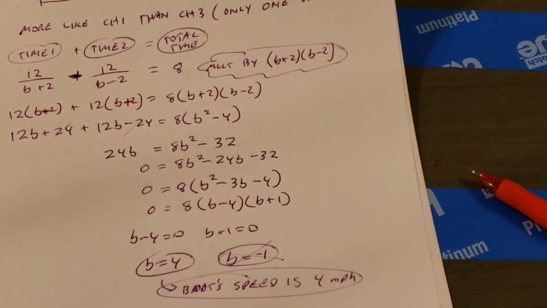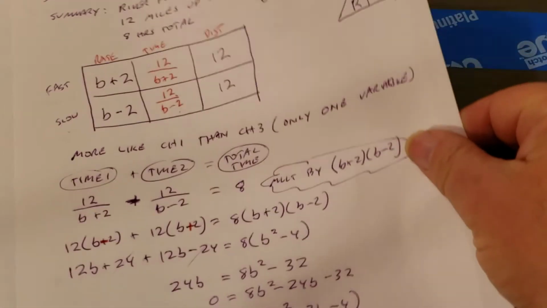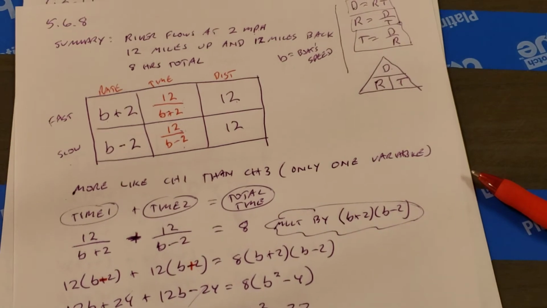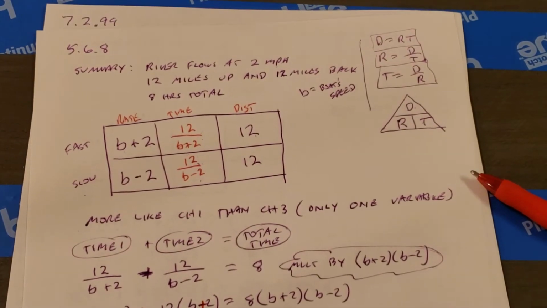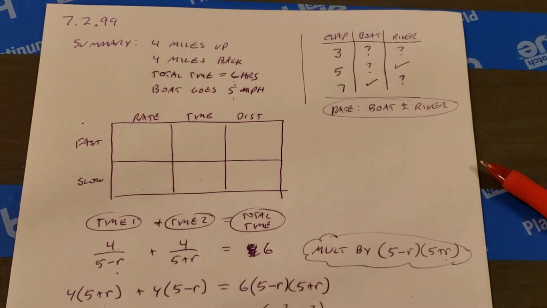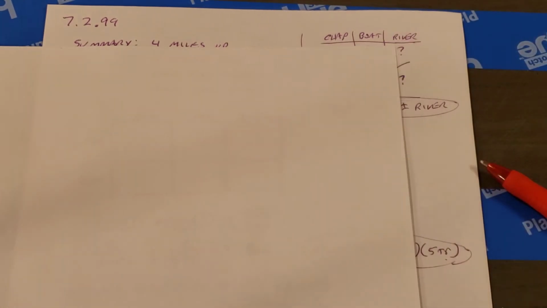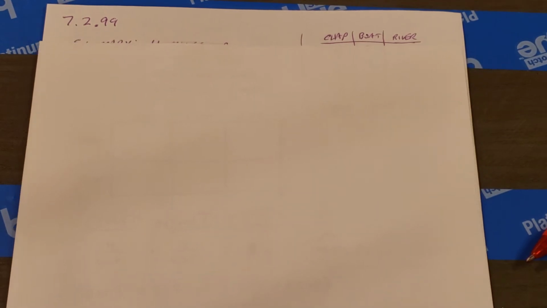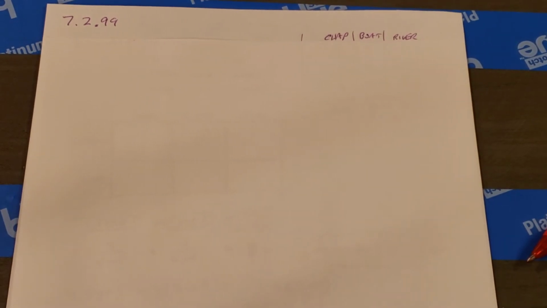All right, so that was a preview of a topic because it felt like the author brought that topic up earlier in chapter 3, and that's certainly true. Let's talk about 7.2.99.